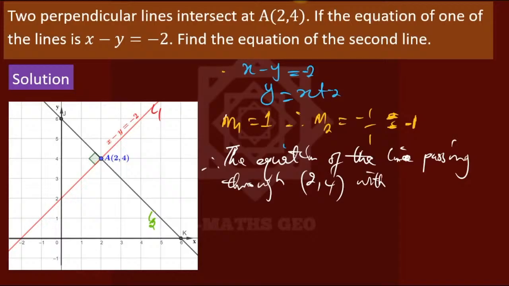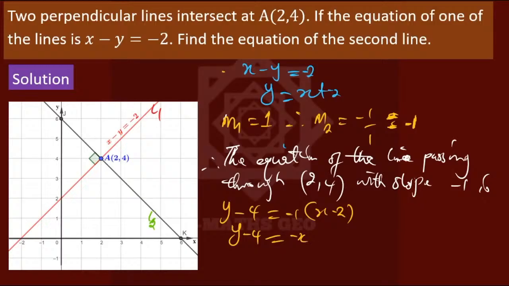Using the point-slope form with slope -1: y minus y1, which is 4, equals the slope -1 times x minus x1, which is 2. So y minus 4 equals minus x plus 2. So the answer is y equals minus x plus 6.